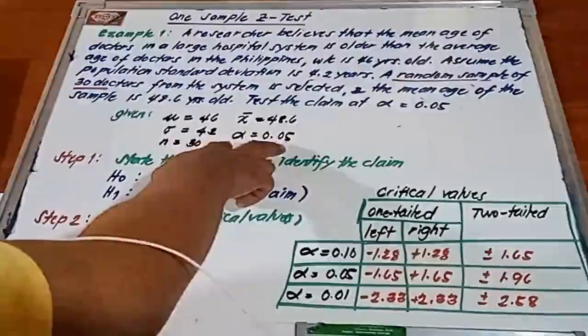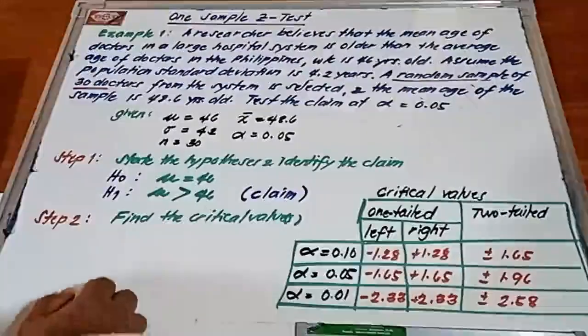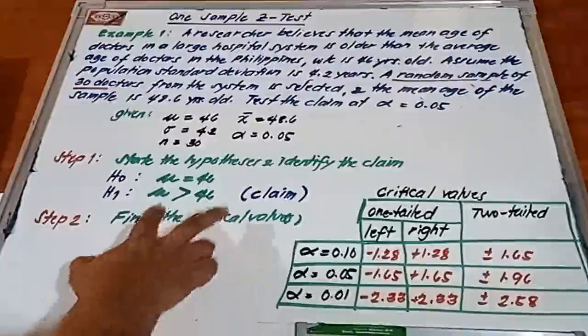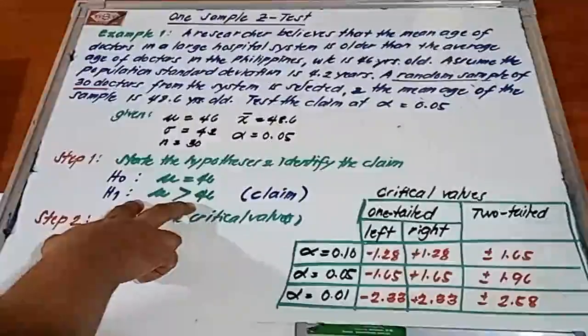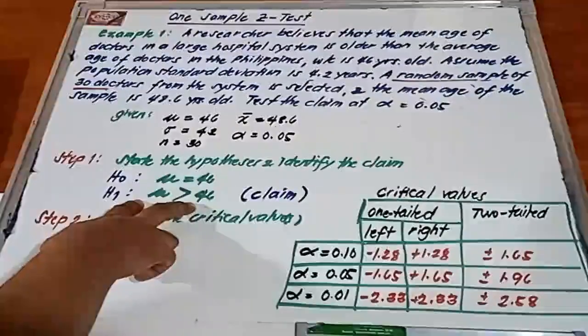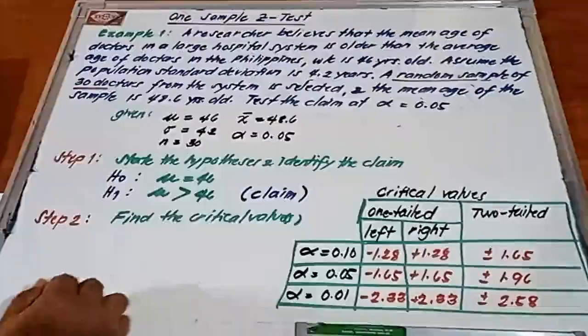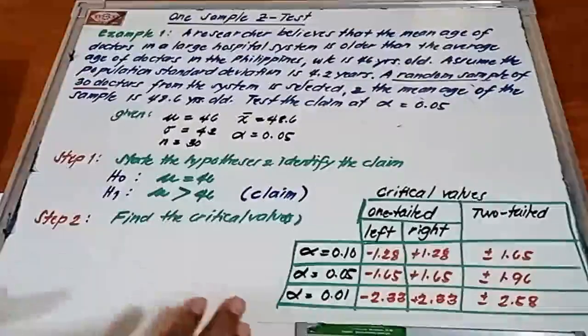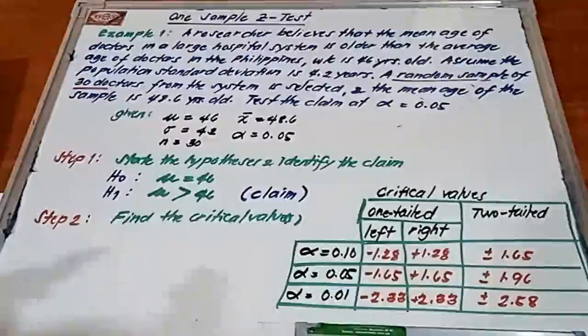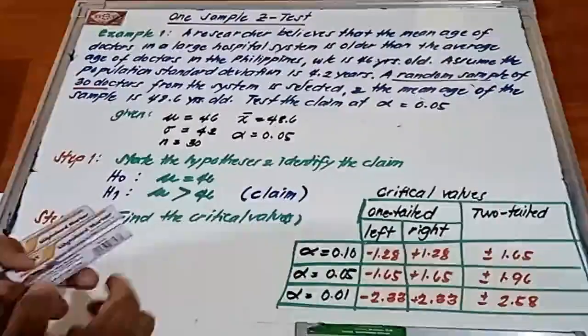If alpha is 0.05, directional, ibig sabihin po nito, right-tailed ang i-consider natin kasi the alternative hypothesis is mu greater than 46. So, ibig sabihin, nasa right side siya nung mean. Okay? So, right-tailed tayo. Kung sa normal curve, nasa kanang bahagi siya ng ating mean, which is equal to 46.